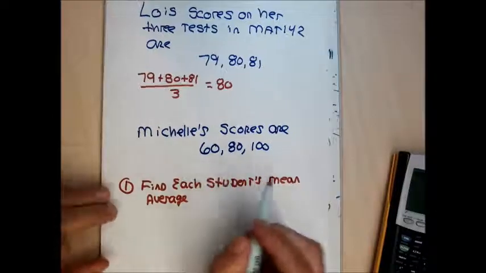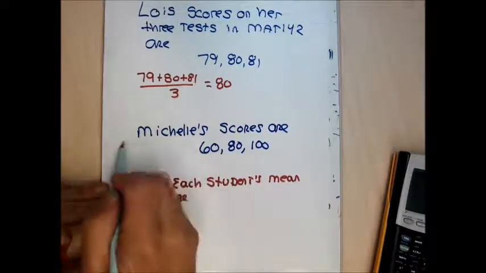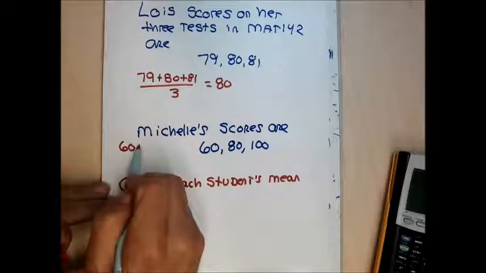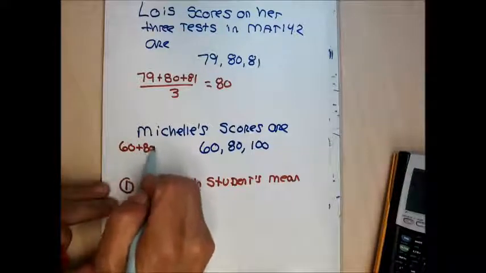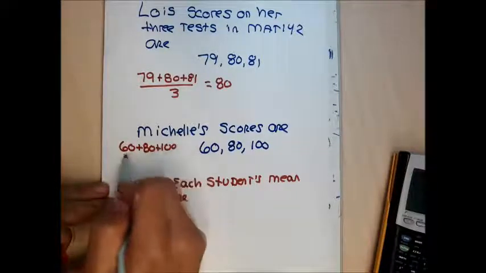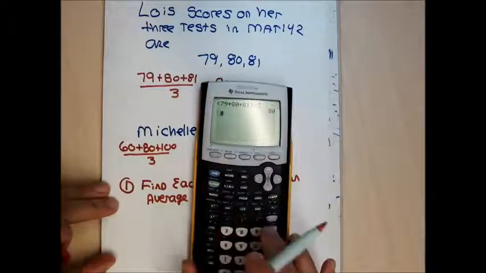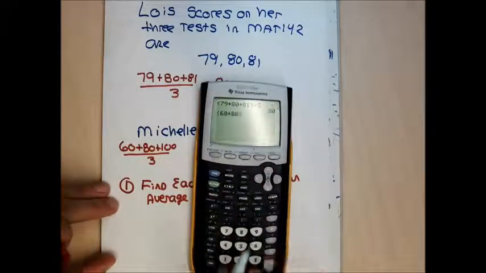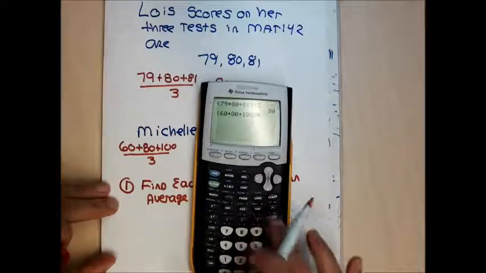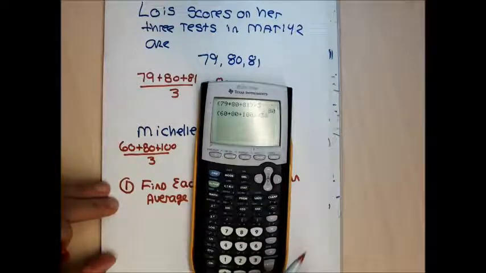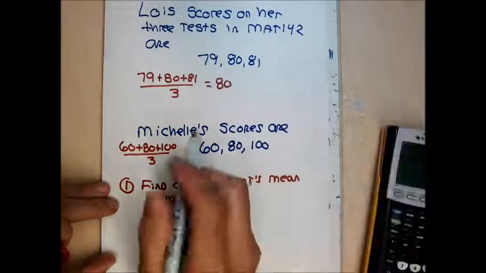And I'll do the same for Michelle. For Michelle, to find her mean, I'm going to go 60 plus 80 plus 100 over 3. Let me do that again on my calculator: 60 plus 80 plus 100 divided by 3. And she also averages an 80.